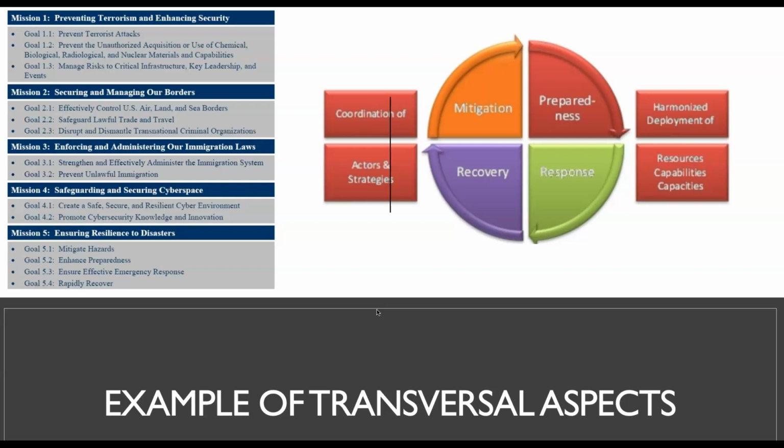Do they have a recovery plan? And how is this related to resilience? The more of these questions are answered, the more they can show preparedness and mitigation, and their ability to respond and recover shows that they're resilient to disasters, right? Because their goal is to mitigate hazards, enhance preparedness, ensure effective emergency response, and rapid recovery.